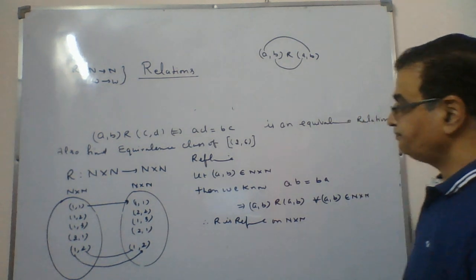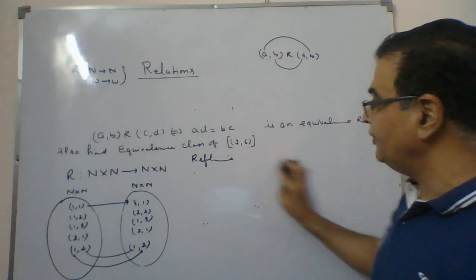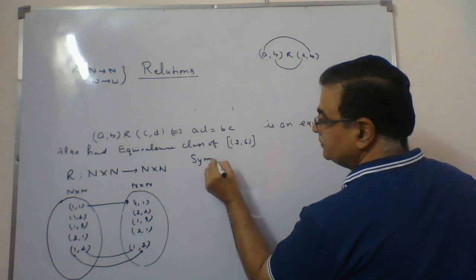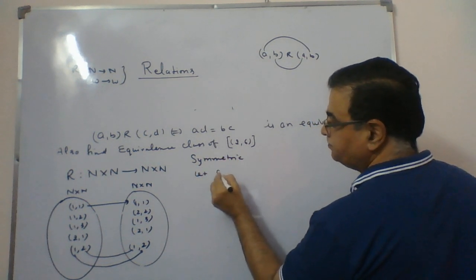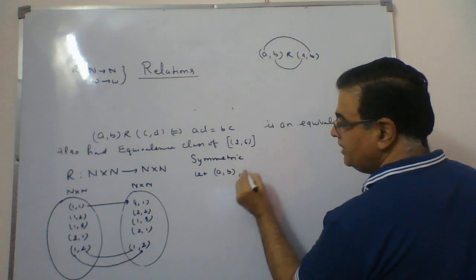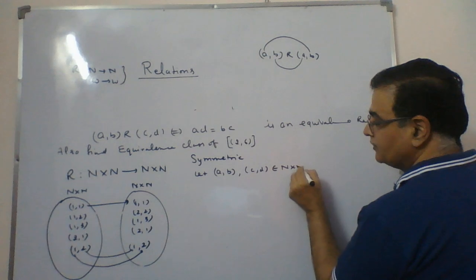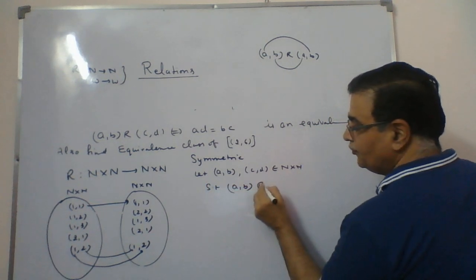Second case, it will be symmetric. When you think about symmetric, what should we do? Let us take two elements (a,b) and (c,d) belonging to N cross N such that (a,b) relates with (c,d).